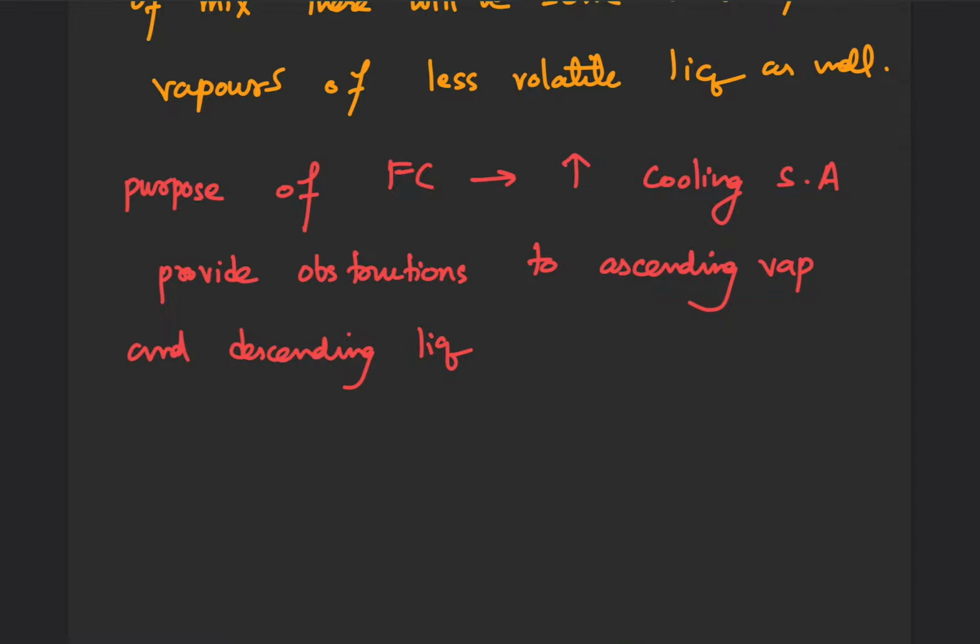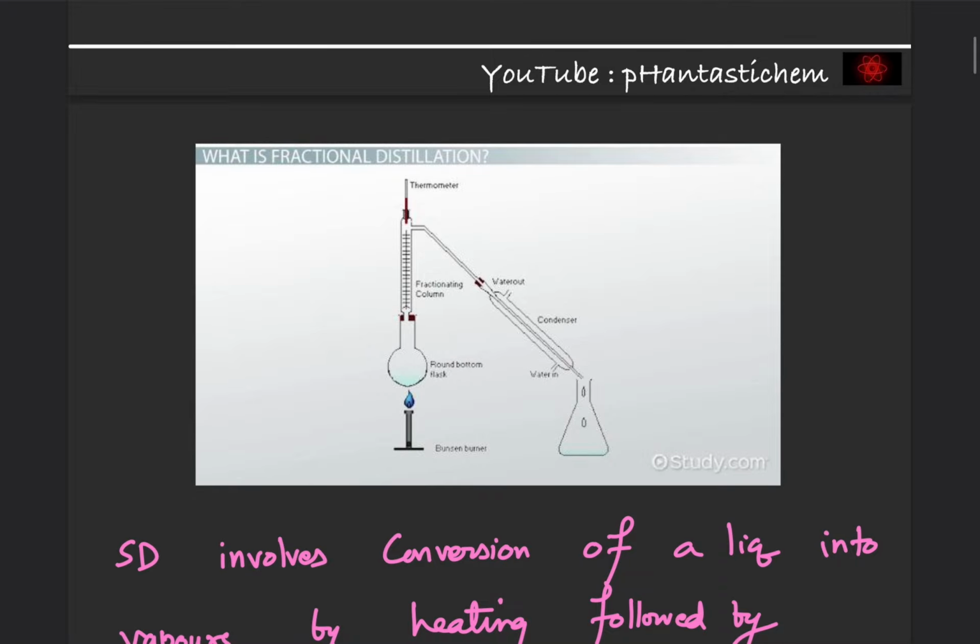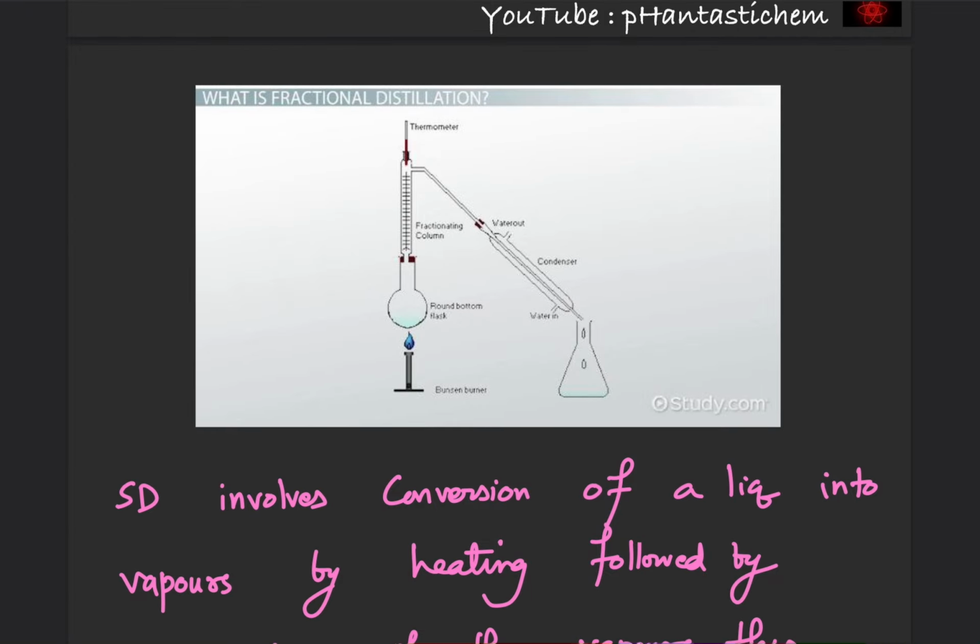Okay, so looking back into the diagram, clearly this region of the fractional distillation apparatus will be the hottest because we are heating it here, and this region will be the coldest, right? So let's say this is T highest, and this is T lowest.